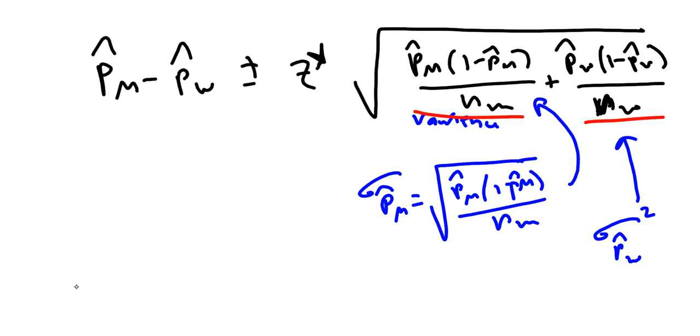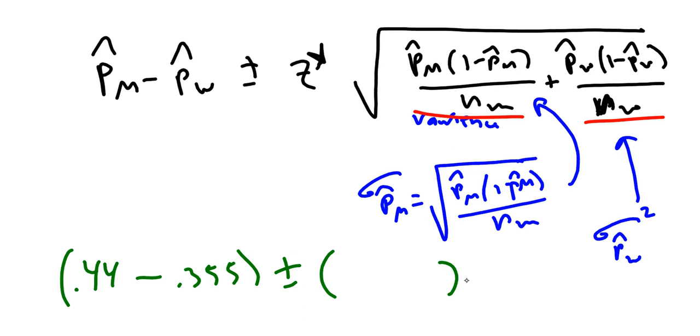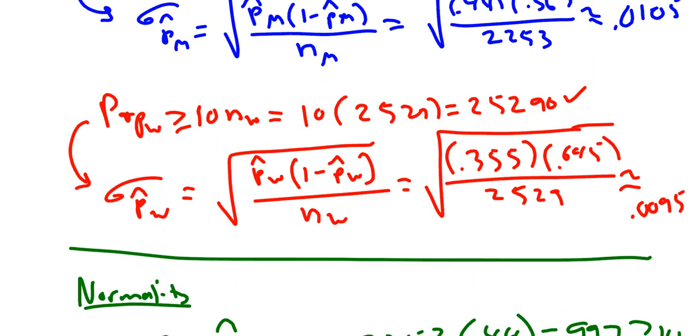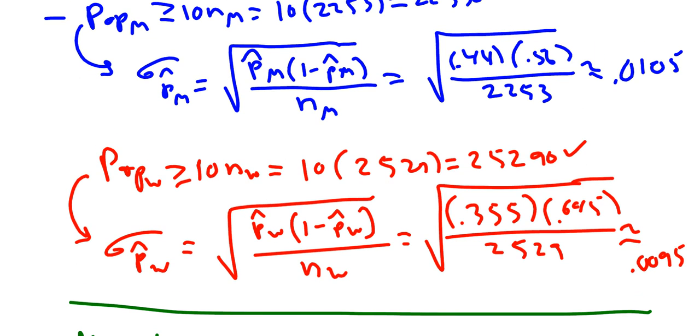So let's actually do our work and find the answer here. So this is going to be 0.44 minus 0.355 plus or minus, we'll leave z star blank for now. And this is going to be the square root of our two standard deviations squared. So just to remind you, the standard deviation for the men was 0.0105, and for the women was 0.0095.